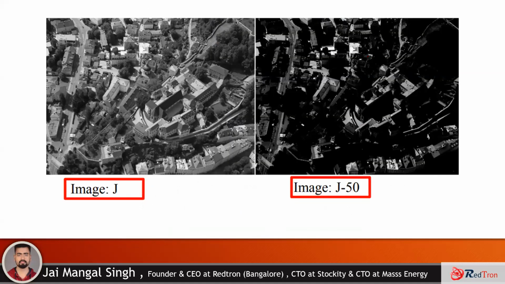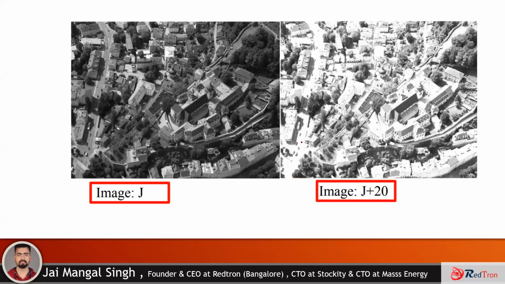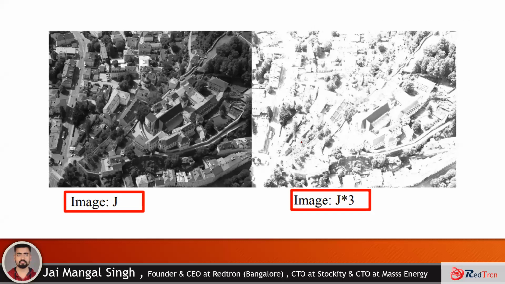Then after the post lunch, we will see how we can perform basic algebra over an image. Here you can see that if we subtract some scalar, then we are just increasing the darkness. Similarly, if we add some scalar, it will brighten the image. If we multiply it, it will again increase the brightness of the image.